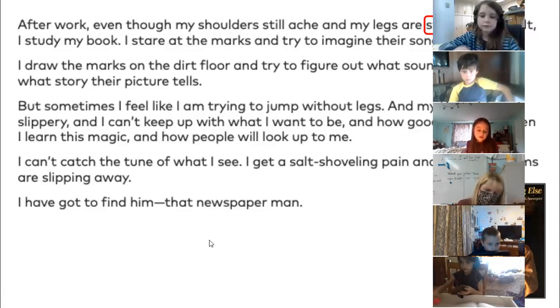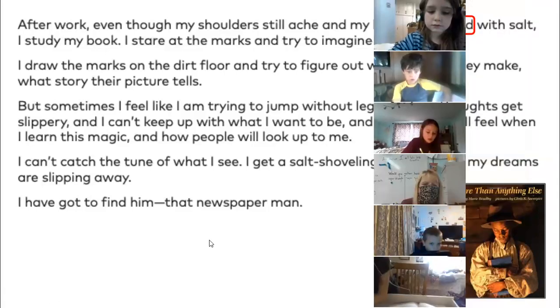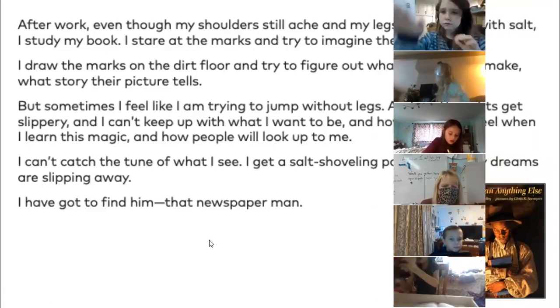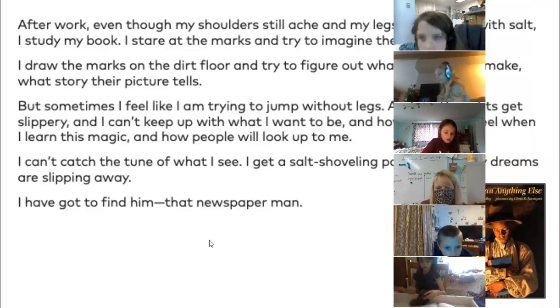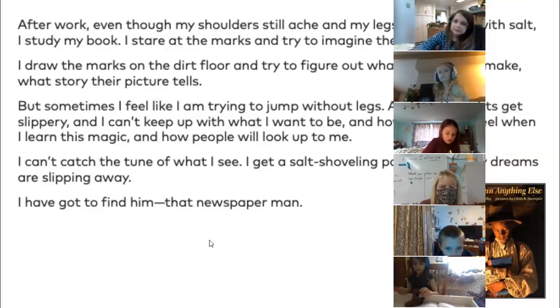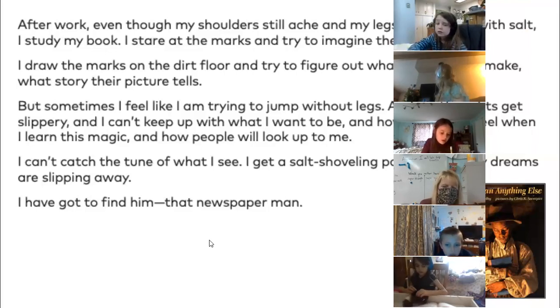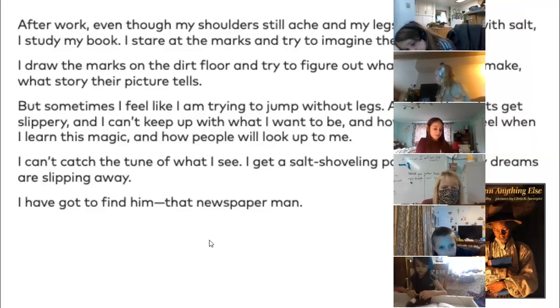So, I see that when it says, I get that salt shoveling pain and I feel my dreams slipping away, I think it means that he's sore and that he just really wants to read. He's expressing how badly he wants to read. You are right.